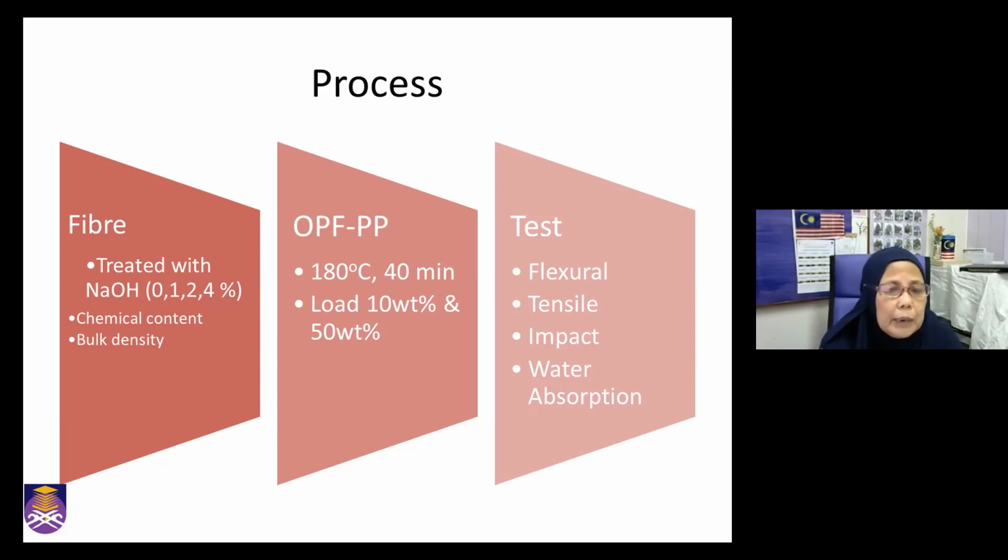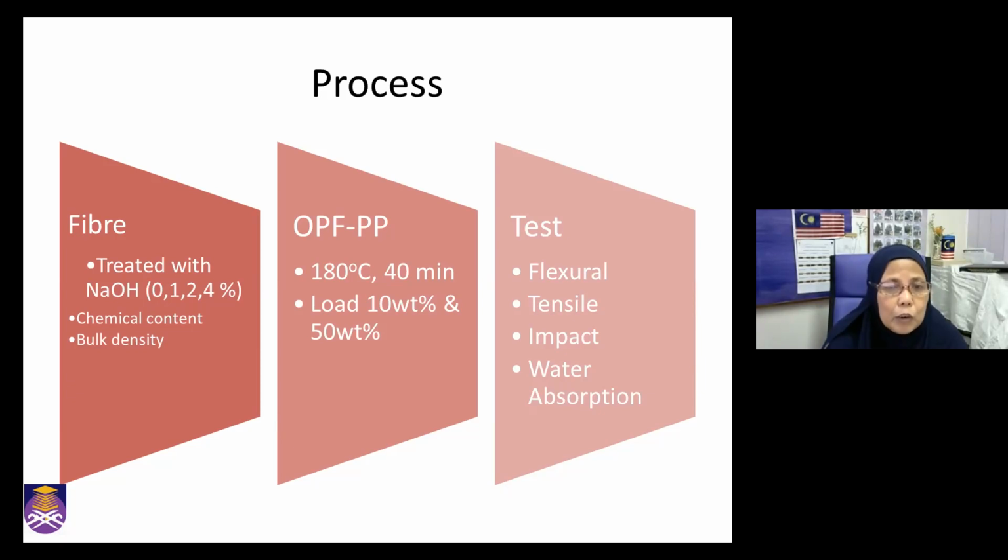So when we do this, we have to restudy the fiber, the material that we obtain. When we restudy this, we have to look at things like chemical content and what happened to the bulk density of the material at the end of the process.